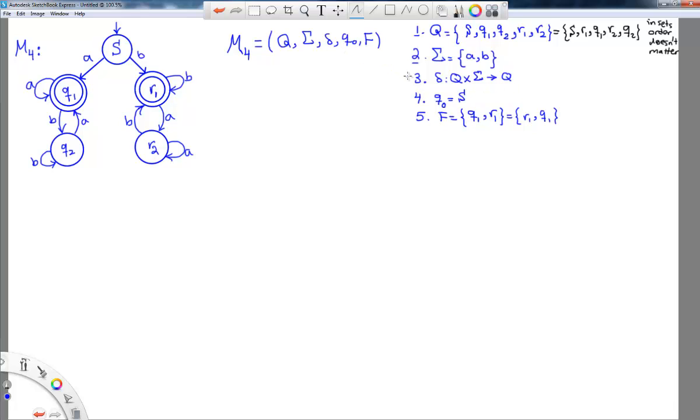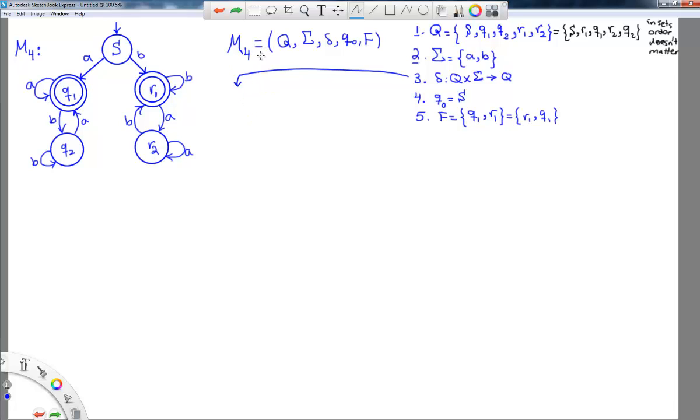So now I need to go ahead and formulate my transition table. Now notice here my transition table is going to be much larger because I have 5 input states and 2 symbols in the alphabet. So effectively the cross product of a 5-element set by a 2-element set is going to be a 10-element set. So my transition table is going to have 10 entries in it.